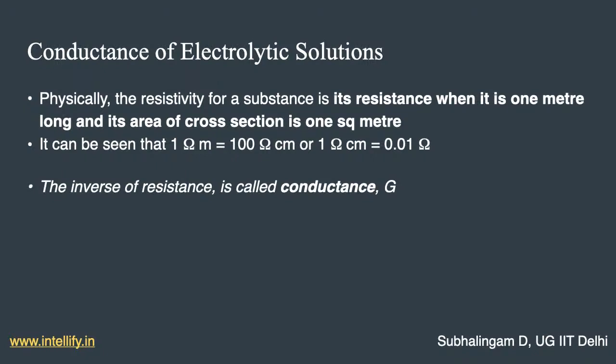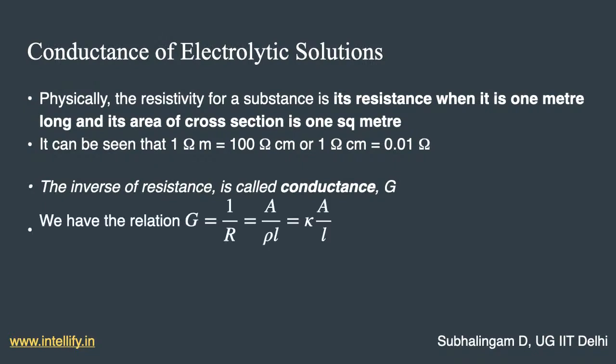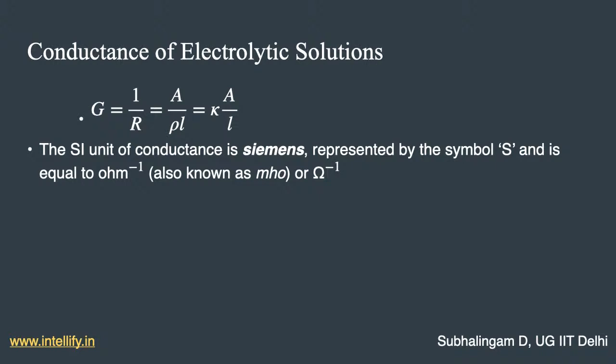The inverse of resistance is called conductance, and it is referred by G in the textbook. So I am following the same conventions. So conductance, I am going to refer it by G. So we have the relation G is equal to 1 by R, and R is equal to rho L by A. So G is equal to A by rho L, and 1 by rho, I am going to replace it with a new term, that is kappa, and it is also a Greek letter.